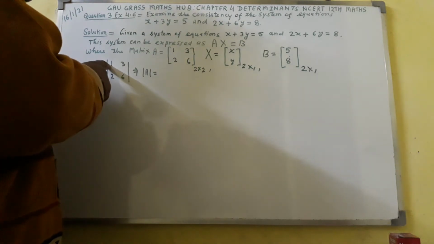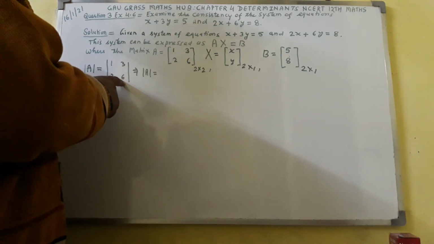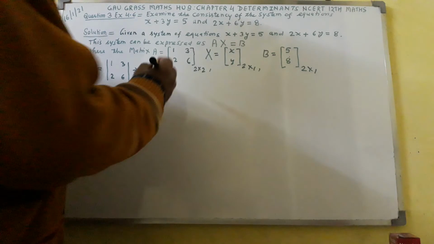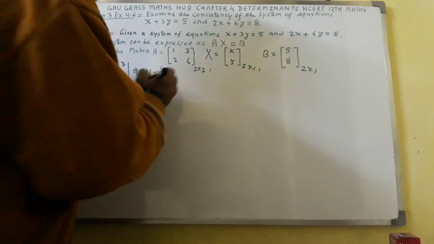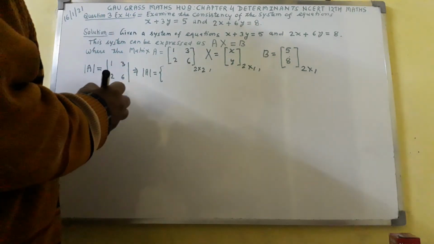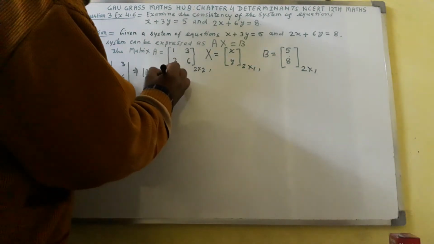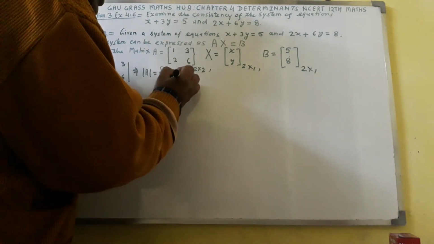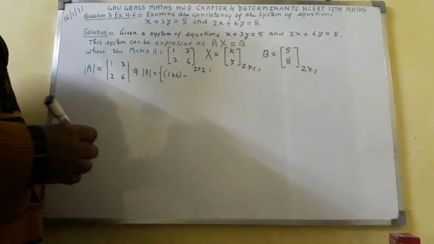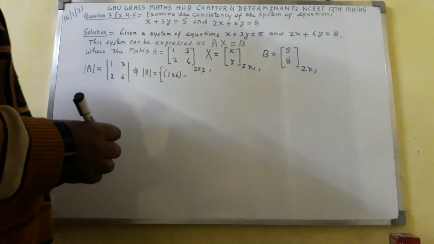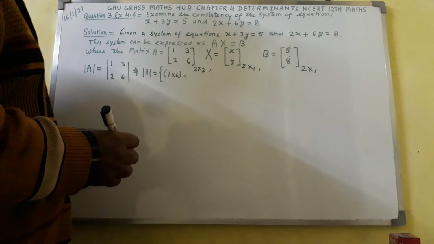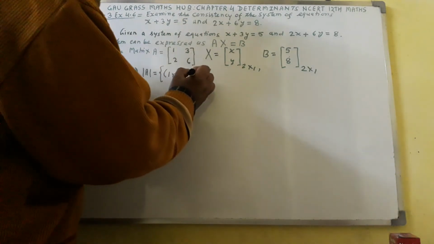The elements of the principal diagonal must be multiplied together. The elements of the principal diagonal are 1 and 6, so 1 and 6 will multiply together, minus the elements of the reverse diagonal, 3 and 2, will multiply together.